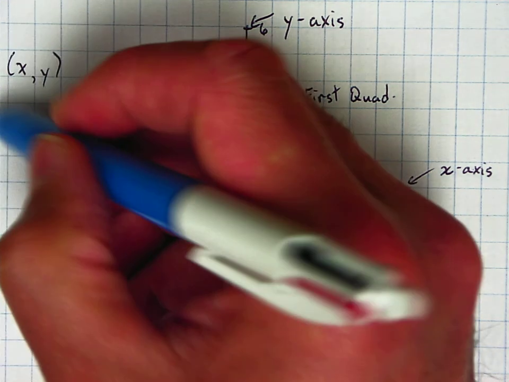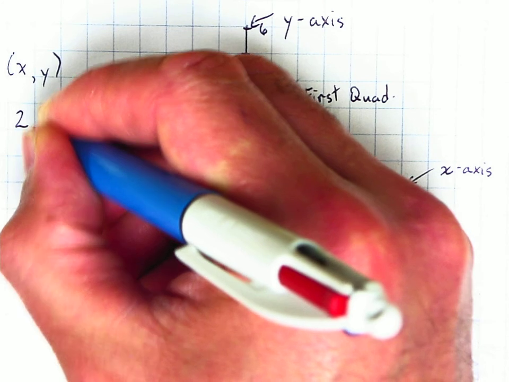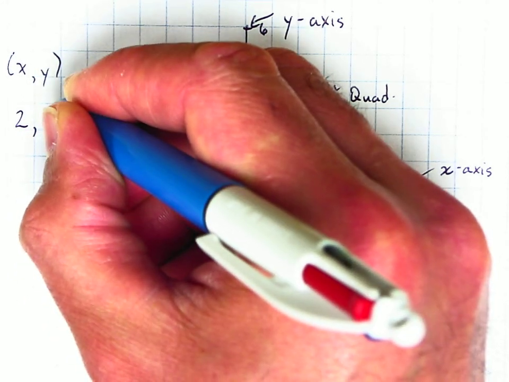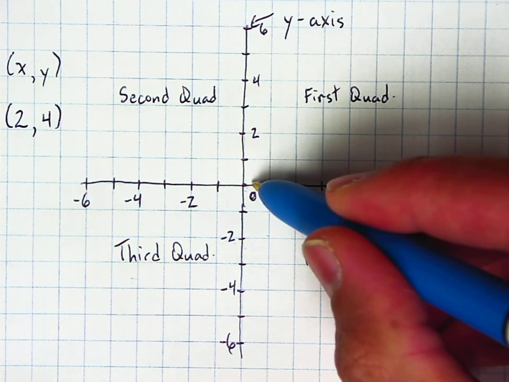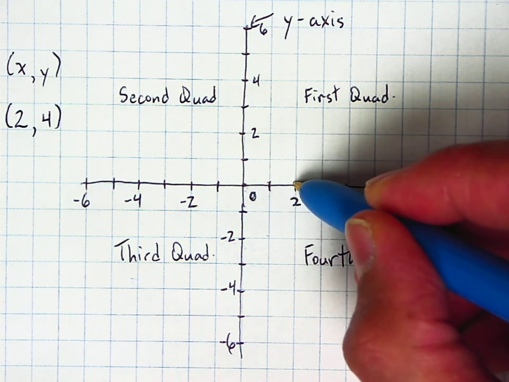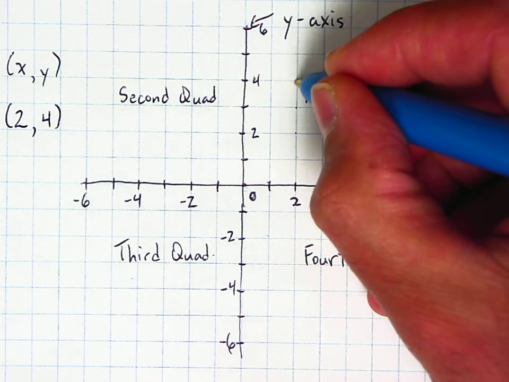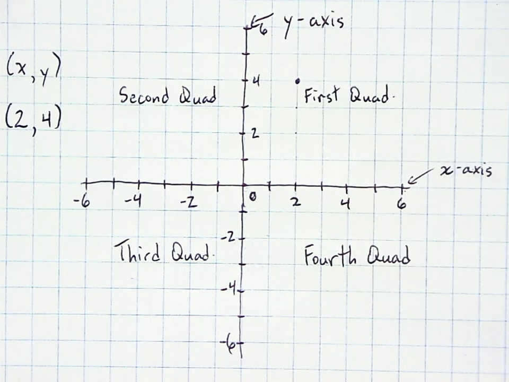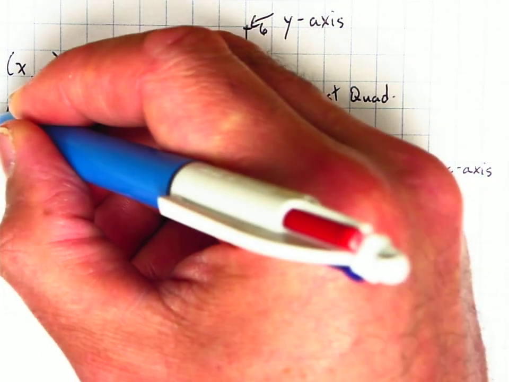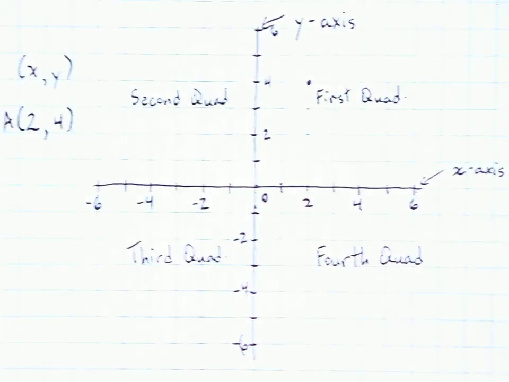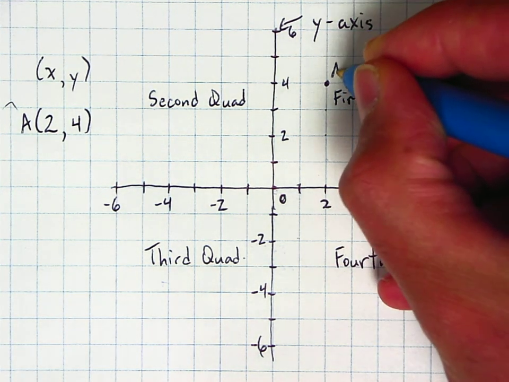So if I said 2, 4, that would be the point 1, 2, and then 1, 2, 3, 4. And that would be this point here. And I'll call that A. Move this over just a bit so you can see that. And we'll label that here.